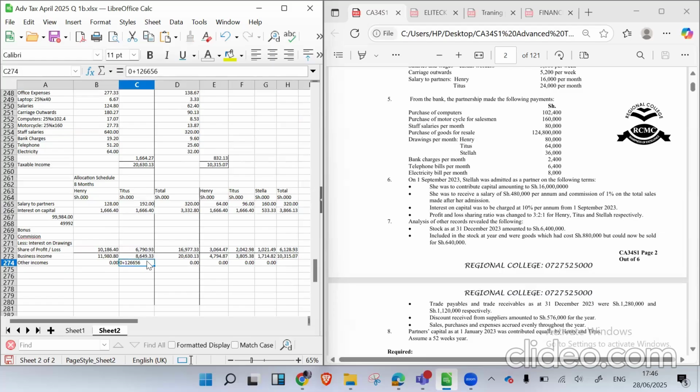Hakuna other income. So therefore now we have our total taxable income, which will now be the total of these.